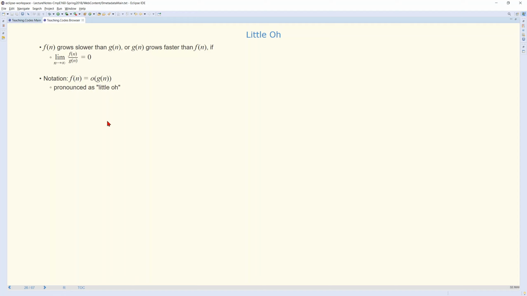So to repeat, the theta class shows the class of functions that are equivalent with f of n, whereas the little o class shows the class of functions that are growing faster than f of n, or in other words, f of n is growing slower than all of the functions in the little o of g of n class.